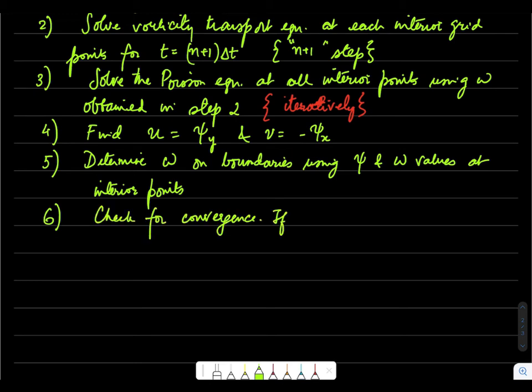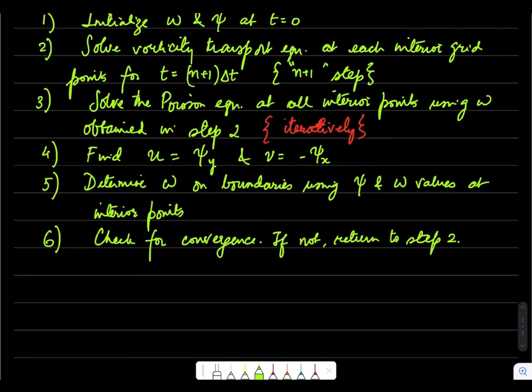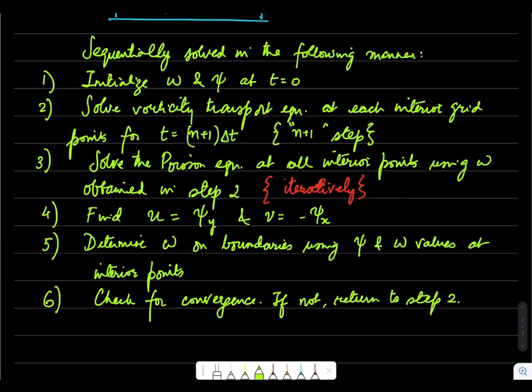If not, we return to step 2. Meanwhile, if you're solving a transient problem, we go to step 2 anyway and keep continuing until the total time duration for which the solution needs to be obtained has been exhausted.